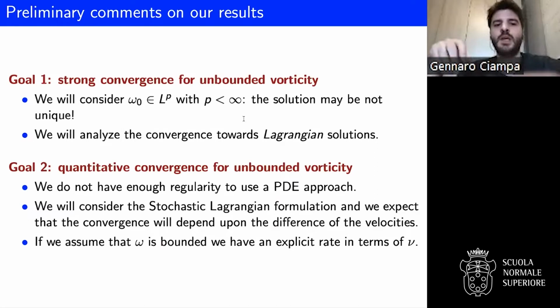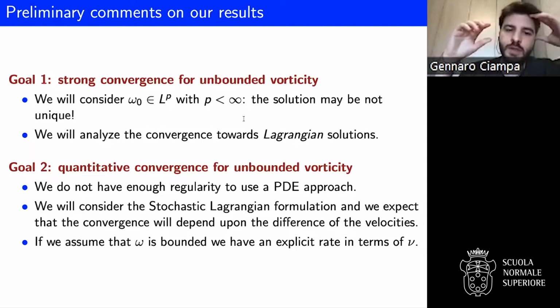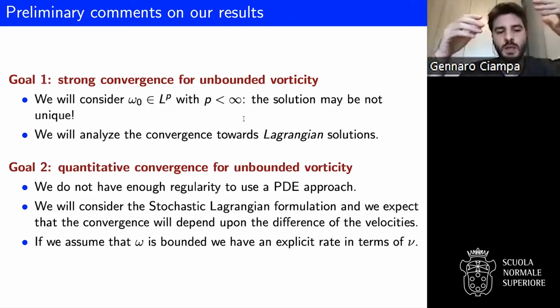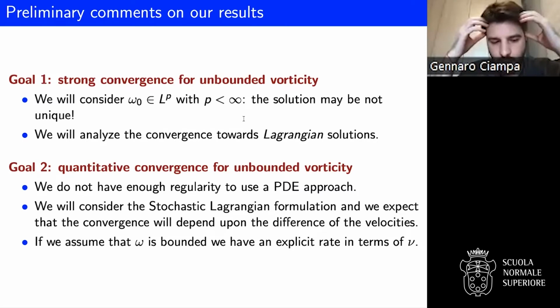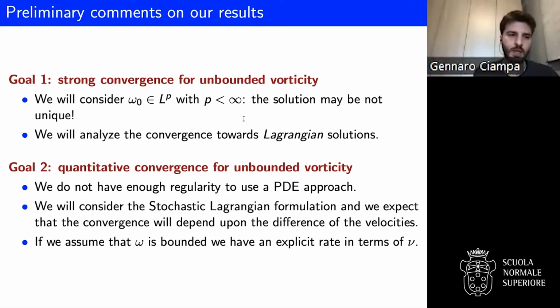Since we have a stochastic Lagrangian representation for the solution of the Navier-Stokes equation, the problem of the strong convergence of the vorticity translates into finding stability estimates for a stochastic flow towards the deterministic one.